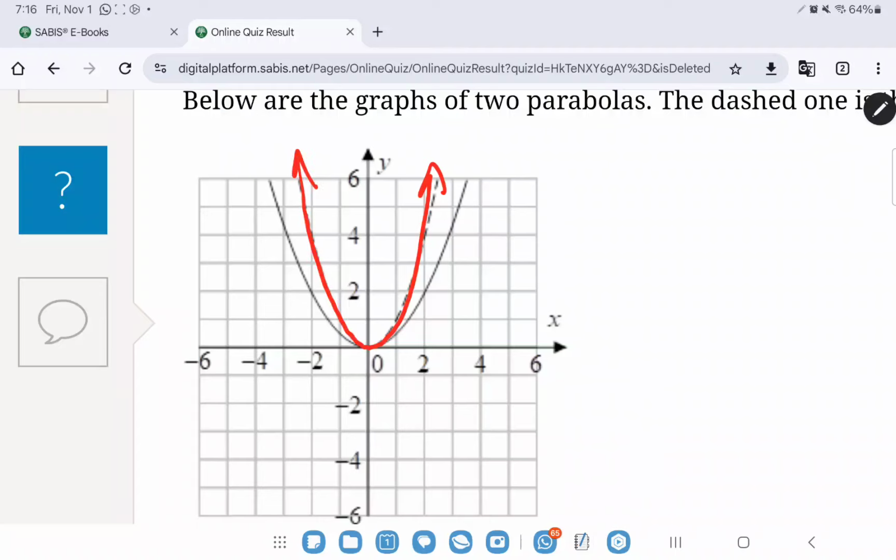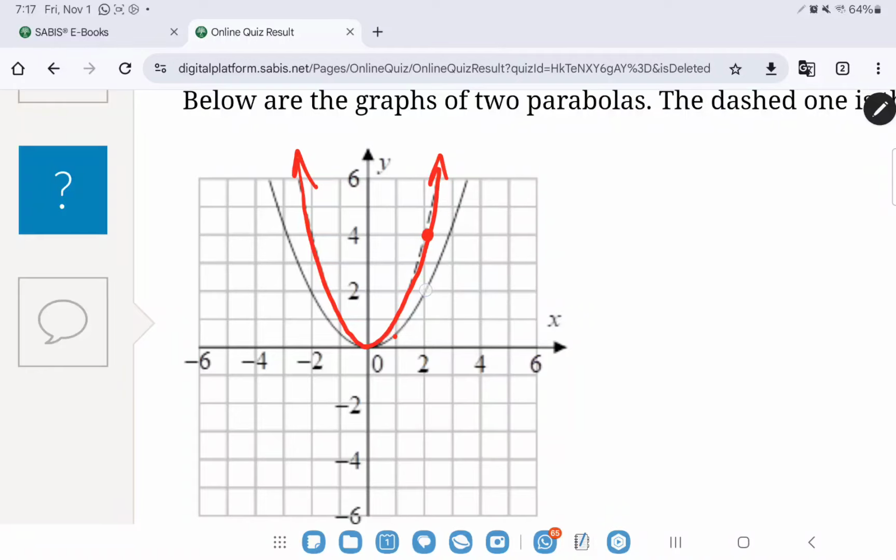To see how much you stretched it by, there are many ways to do it. I'm gonna use the first way I know. Take a point like 2. You go up and see on the dashed line where it connects. It connects at 4.